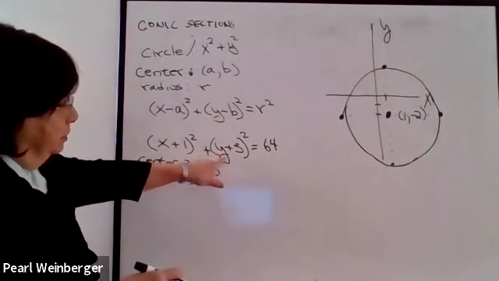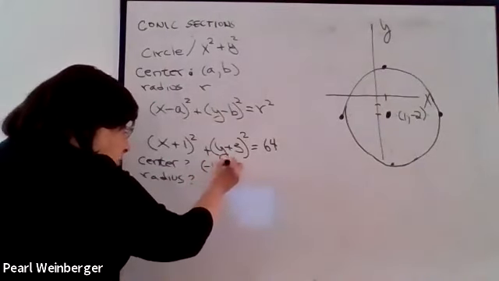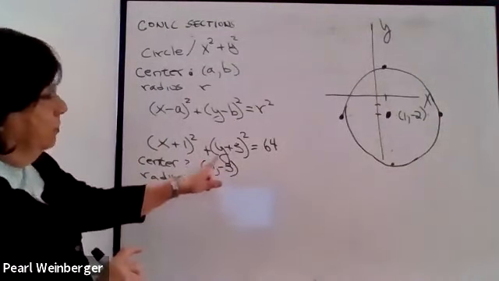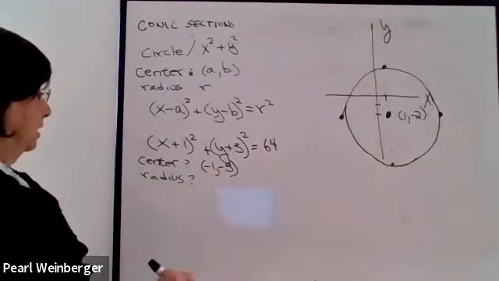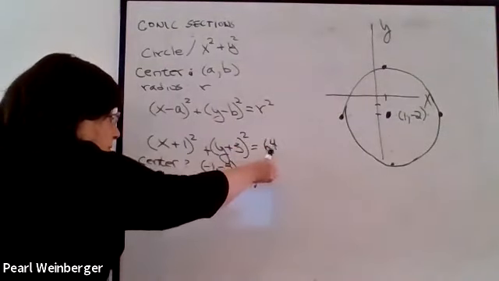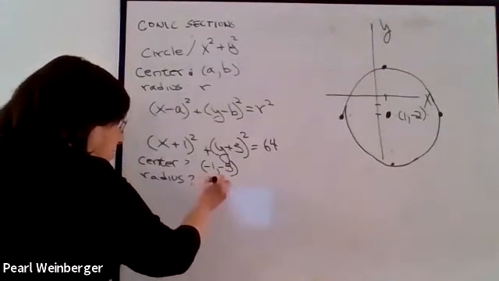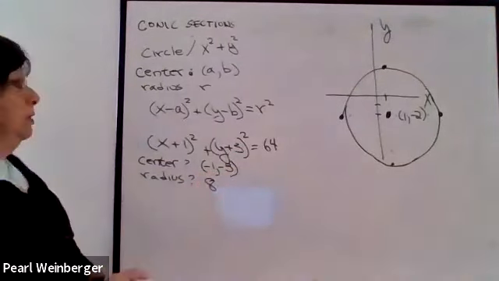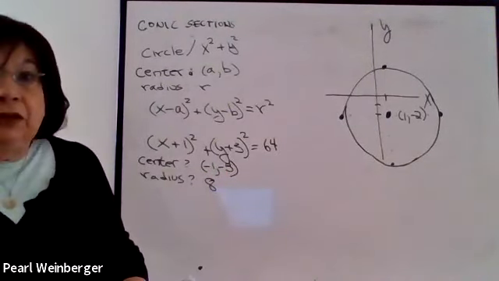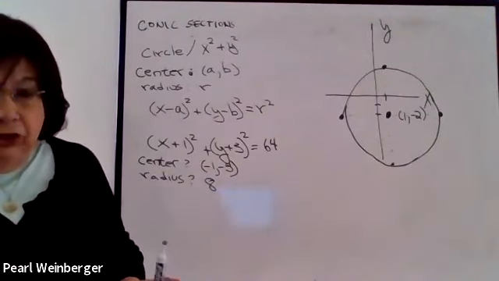Inside of the parentheses with the y is a +3, so we change the sign. So the center of that circle is the point -1, -3, which is what he said. And the radius, this is r squared, so we have to take the square root of this. The radius is 8, and he said that as well. So we were able to figure out the center and radius of the circle from the equation.